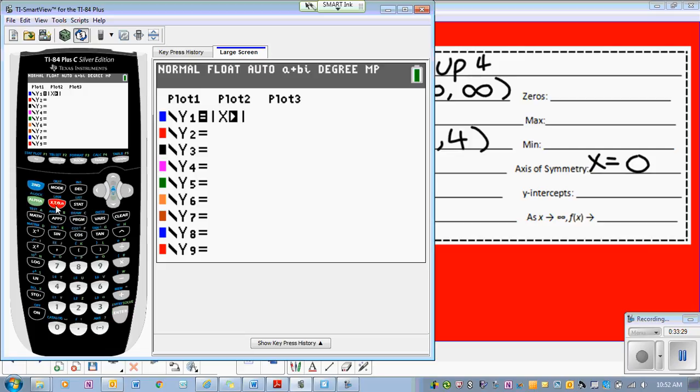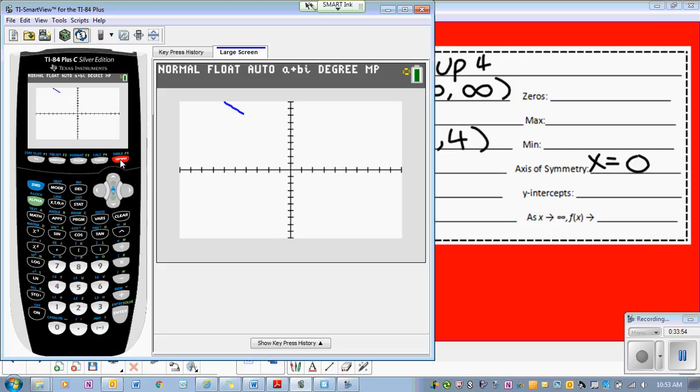You're going to put in x. X is right next to the green alpha key. And then you close your parentheses, or if yours looks like mine, just hit the right arrow and get out of there. Okay? Now on the outside, what else do we have? Plus 4. Yes? Now, let's graph it.